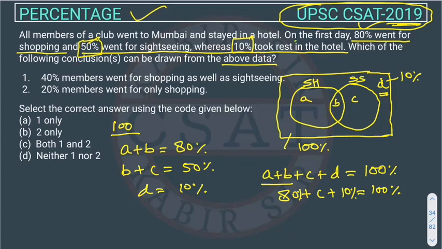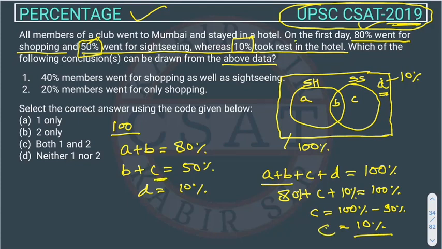C will be equal to 100% minus 90%, so it will be 10%. In percentage we can do addition and subtraction, so don't worry about it. So C is equal to 10.